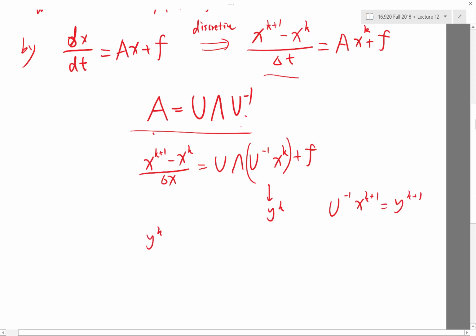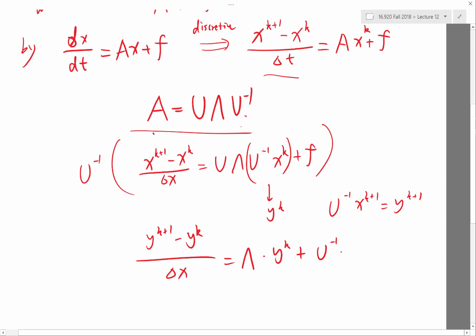What I get is y of k plus 1 minus yk, since I'm just multiplying both sides by U inverse, divided by delta t, equal to lambda, which is a diagonal matrix, times yk plus U inverse times f. I diagonalized the system.